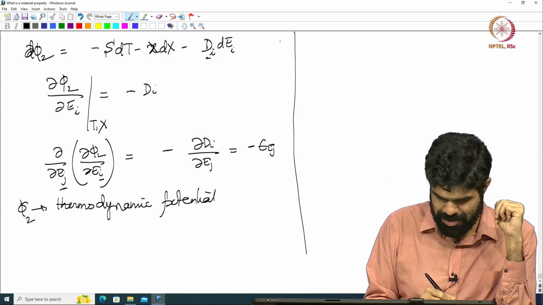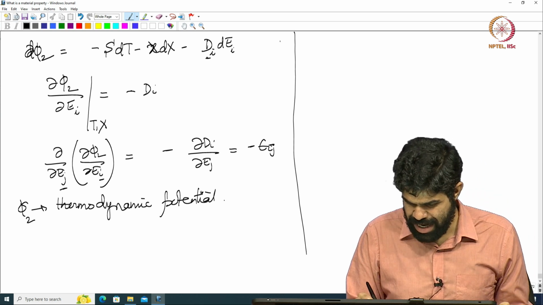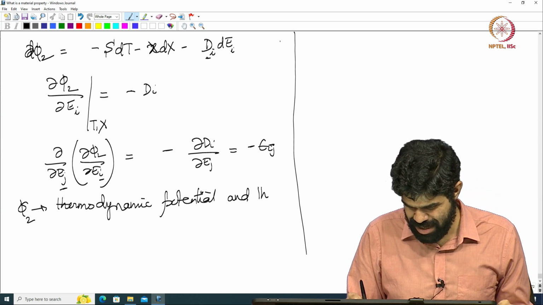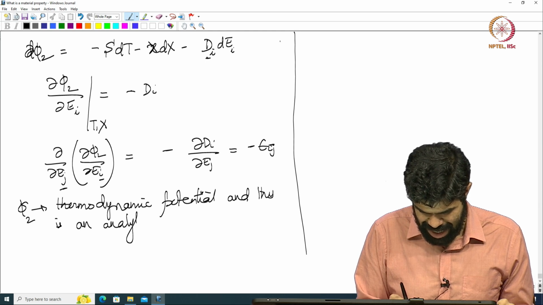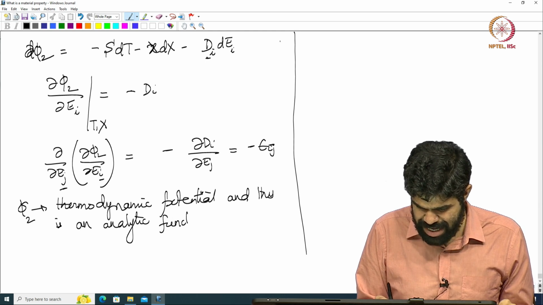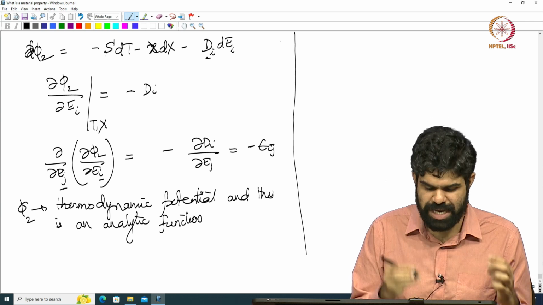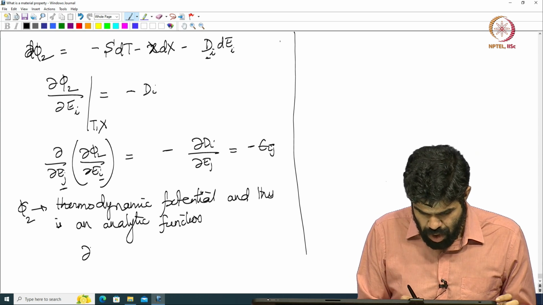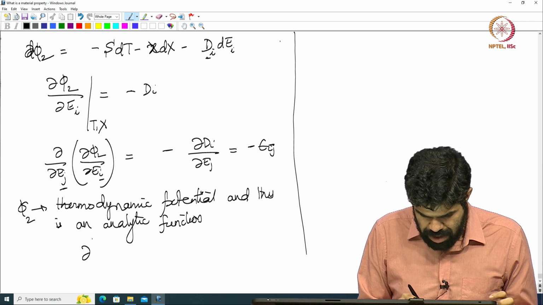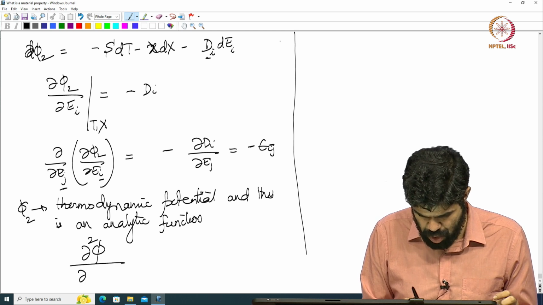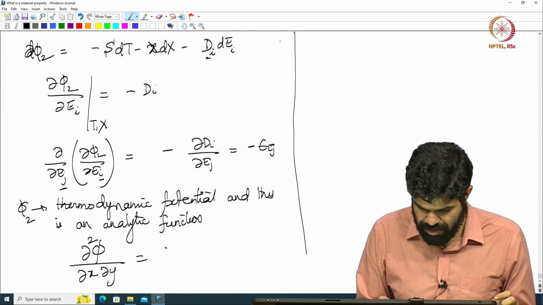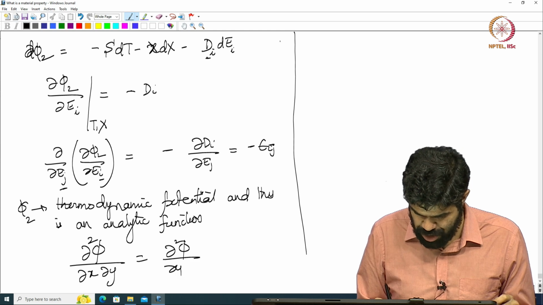Phi 2, I keep forgetting phi 2, but yeah, and this is an analytic function, and mathematically all these analytic functions have a property that says that ∂²φ/∂x∂y should be equal to ∂²φ/∂y∂x, right.